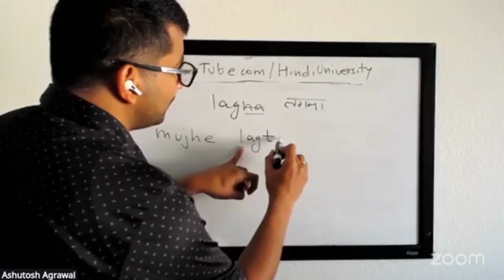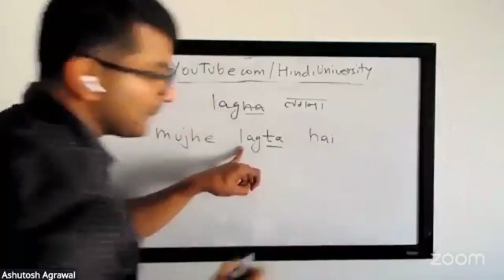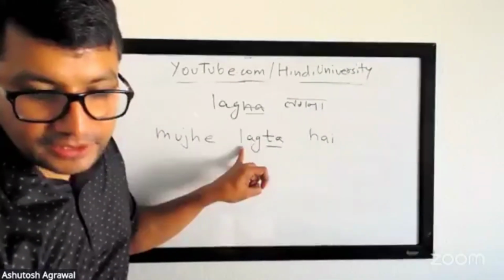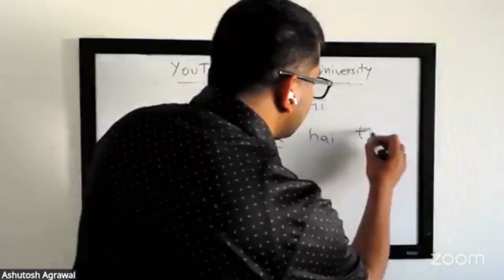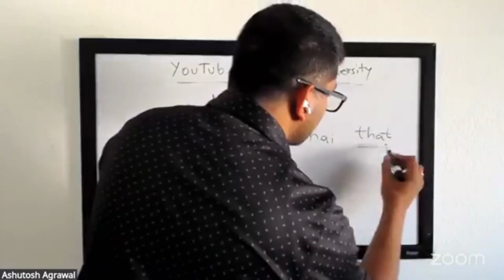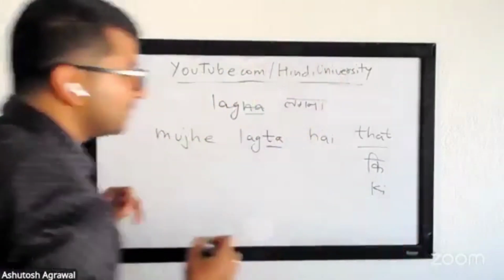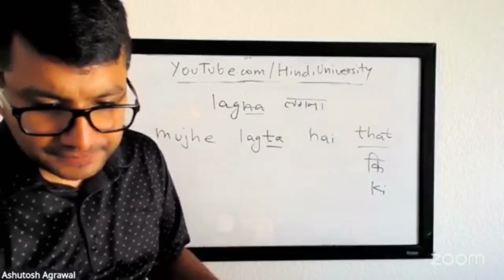So you say मुझे लगता है. It appears to me, or I feel, followed by that. मुझे लगता है कि. Like to me, it appears.